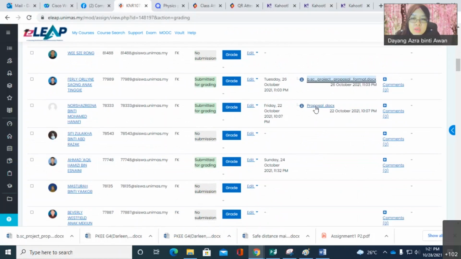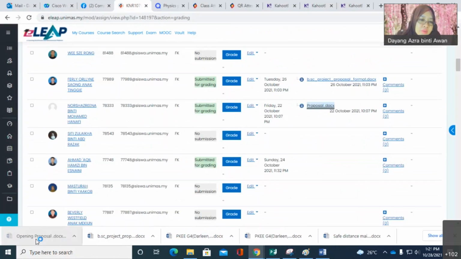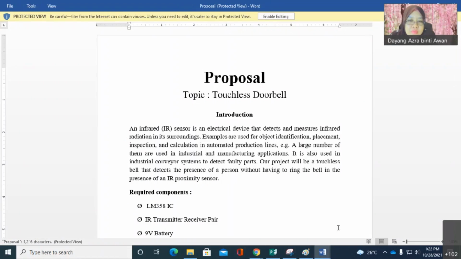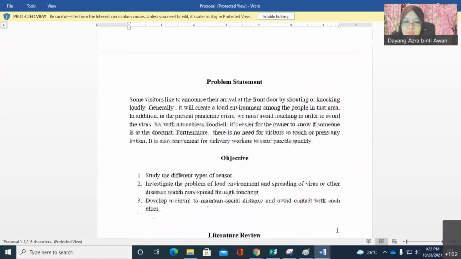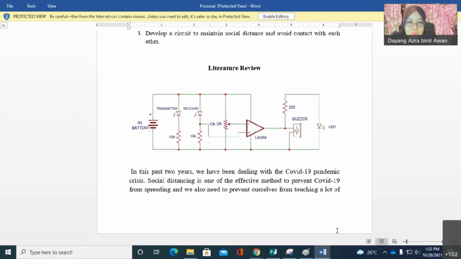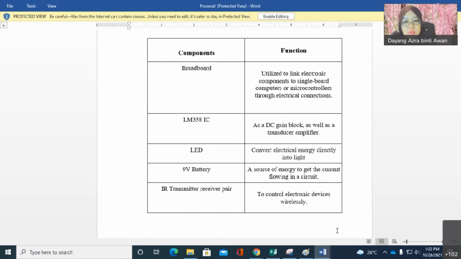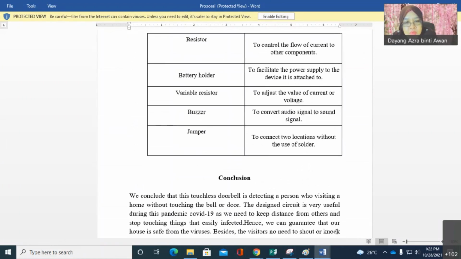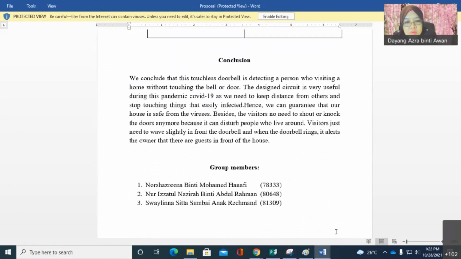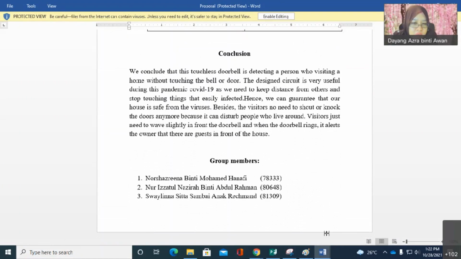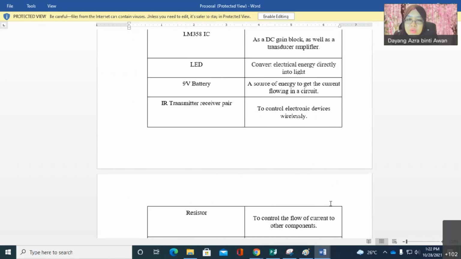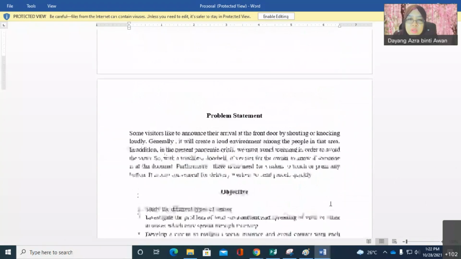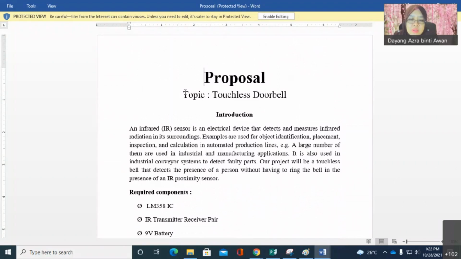Nur Shazrina. Touchless doorbell. This one is a bit the same. Nur Shazrina, Nur Izzati and Swalina Sita. So try to change your topic here.